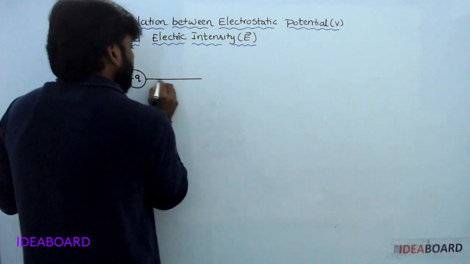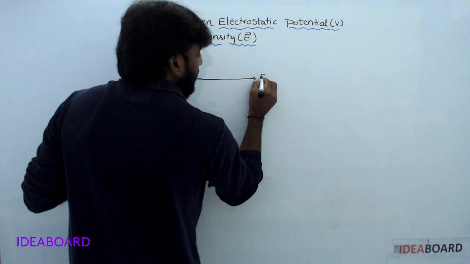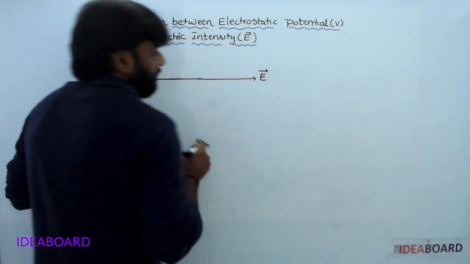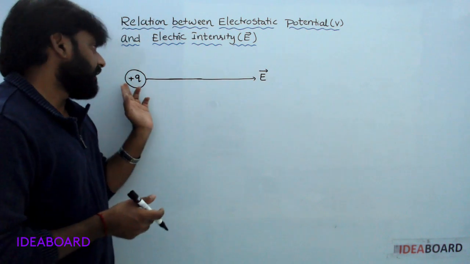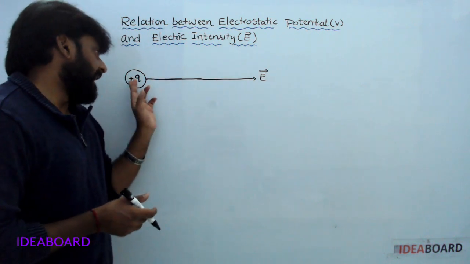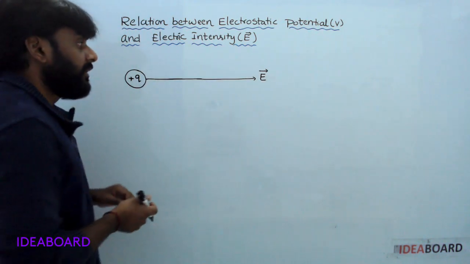Now the electric field direction is in an outward direction. Electric field direction due to a positive charge is outward.